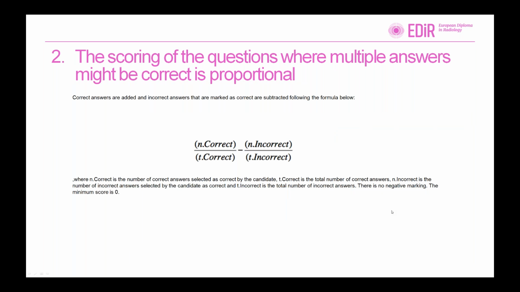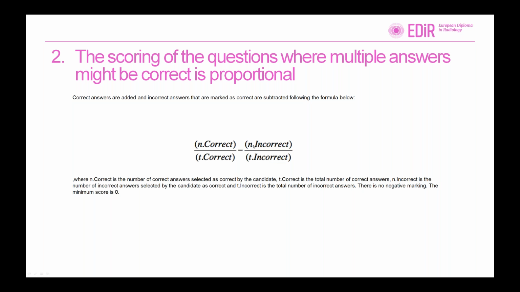And for the scoring of the questions, when there are multiple answers that might be correct, the scoring is proportional. There is no negative scoring. So this is the number of correct answers selected by the candidate. This is the total number of correct answers.